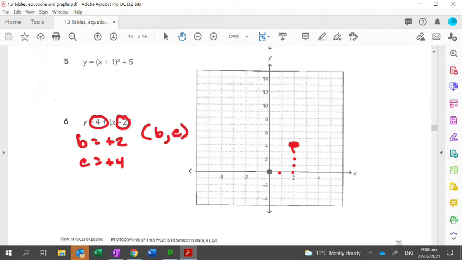All right? Now I need to find any point that will tell me what the graph is doing. I don't want any point that's right next to it, so don't choose 3 or 1. Pick something a little further apart. But be careful. Negative 4 would give you a huge value that would fall way off your graph. So pick something that's at least 2 or 3 units away from your vertex, but not too far away.